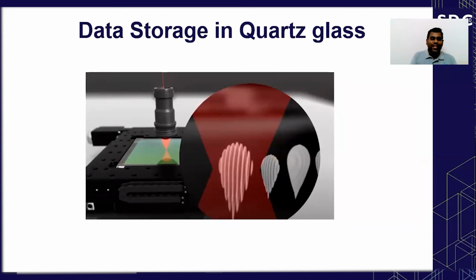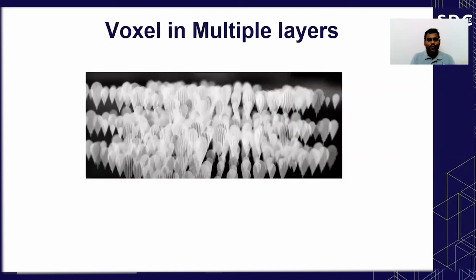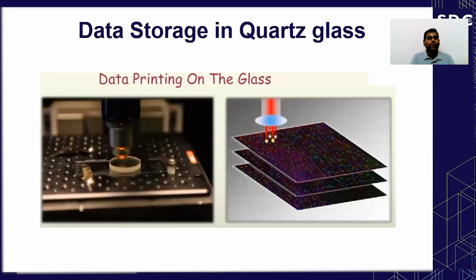After that, it creates the voxels in the quartz glass, and we already saw that the voxels are created in multiple layers inside the quartz glass to store the data. And this is how we are printing the data in the glass.